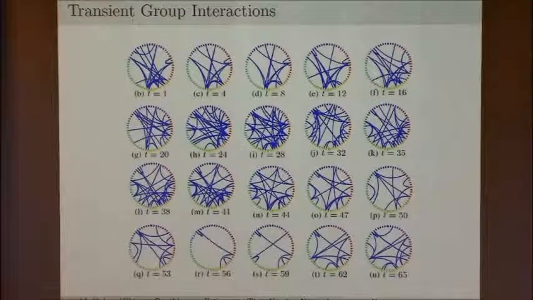So what we are plotting here is, on the outer circle, a number of clusters. And so each cluster represents a collection of nodes. And then we connect two clusters if there's an edge going from one cluster to the other cluster, and we ignore edges between nodes within one cluster. And so this is only to illustrate that at certain points there's a transition in the behavior of which genes interact.